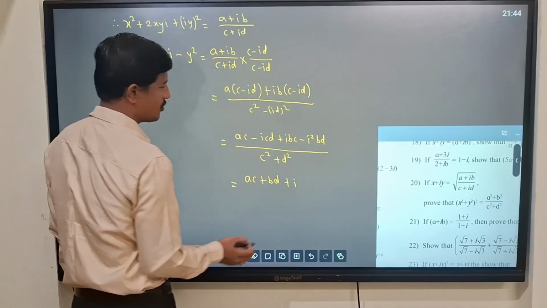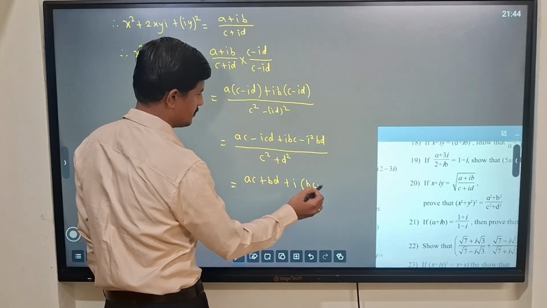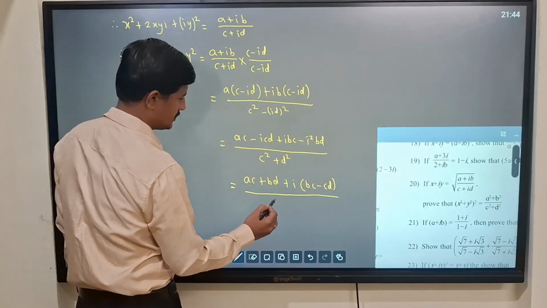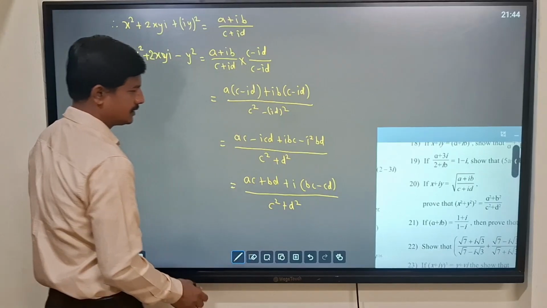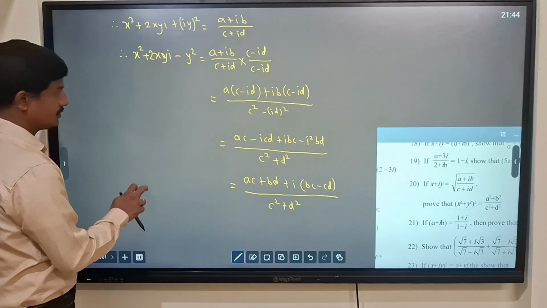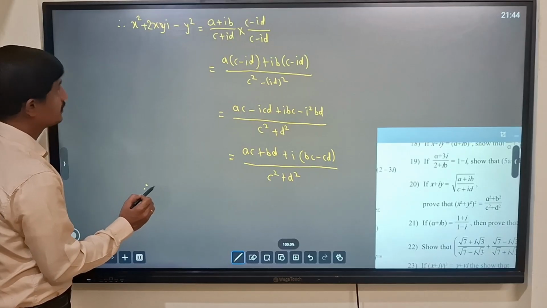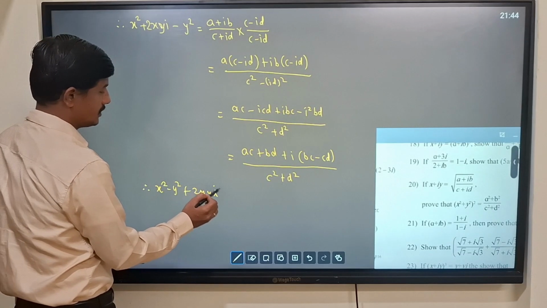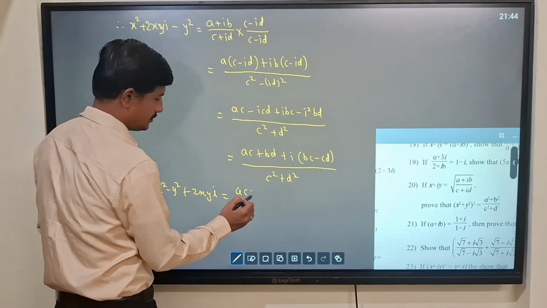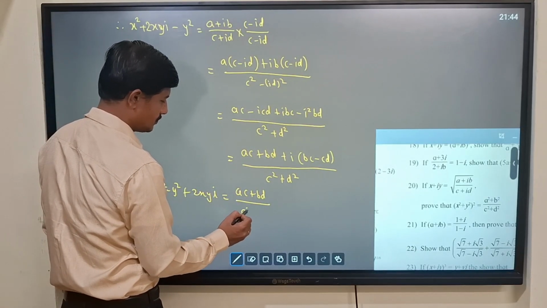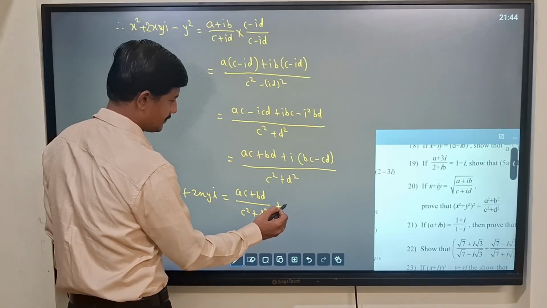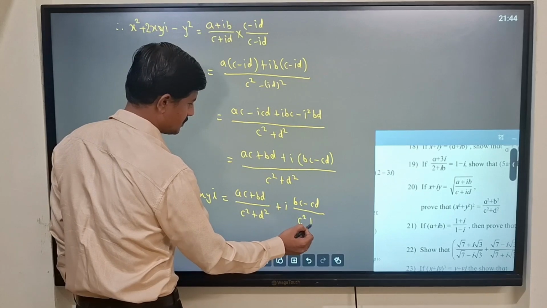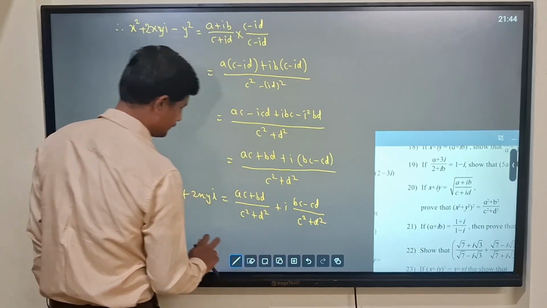Here I will take i common, so I will write down (bc minus cd) upon (c square plus d square). So this is the expression here for x square minus y square plus 2xyi, simply (ac plus bd) upon (c square plus d square) plus i into (bc minus cd) upon (c square plus d square).